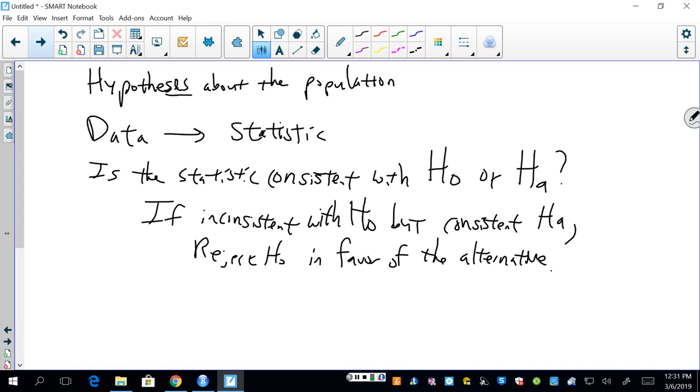And so judging that level of consistency becomes an issue. To do that, we're going to look at the issue of how do we decide.